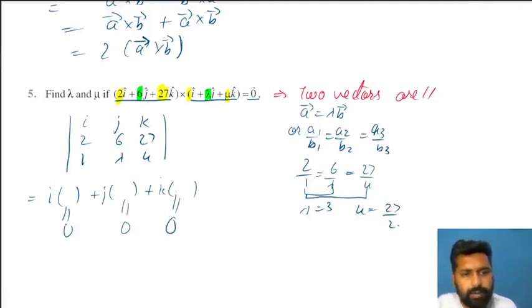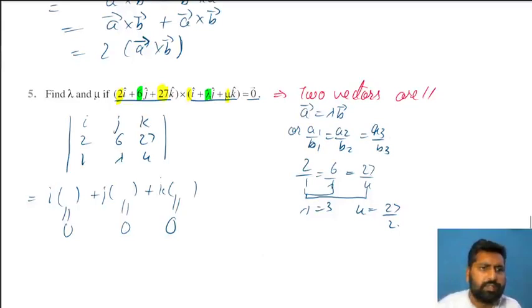It's as direct as that. Okay, this is the short way to do it, a faster way. It's just that the concept is required: if the cross product is coming 0, the vectors are parallel. If the vectors are parallel, we can use the condition of parallel vectors: A vector is lambda times B vector, or the components are in ratio. You can literally do this without even writing.